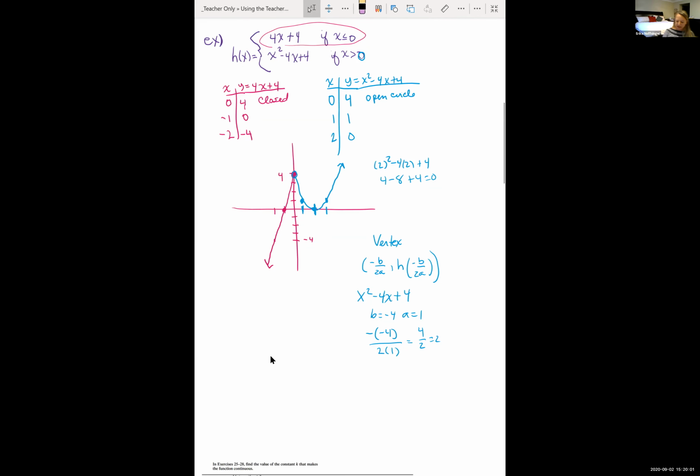So for part B, we would just say it's continuous everywhere. It's not discontinuous. Since it's continuous everywhere, we don't have to look at a left or a right limit. So h of x is continuous everywhere.